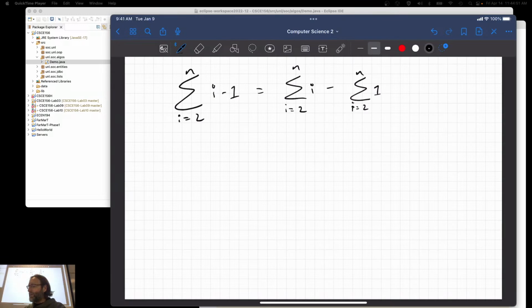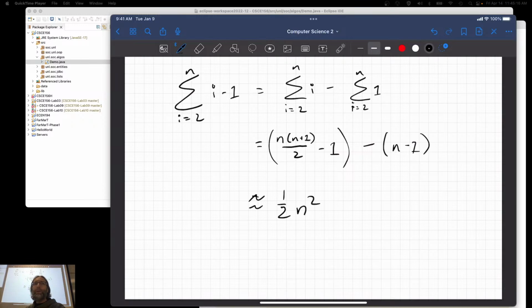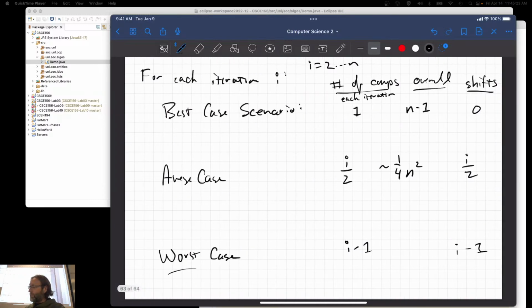The first one is Gauss's formula again. n times n plus 1 all over 2 minus 1 because we started at 2, minus, and then that's 1 plus 1 plus 1 plus 1 how many times? n minus 1 times. Right. Algebra, algebra, algebra. You'll come out with that this is about 1/2 n squared. And again, you could probably ignore the lower terms; when we get to asymptotics, we will definitely ignore that. Right? But 1/2 n squared.